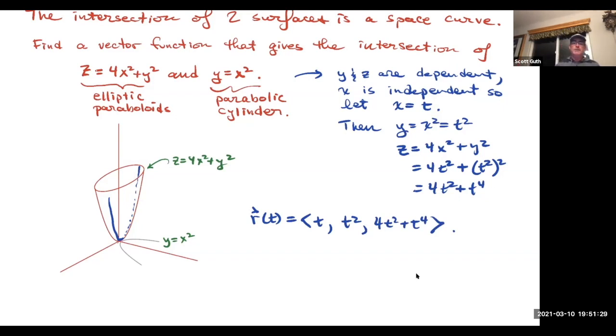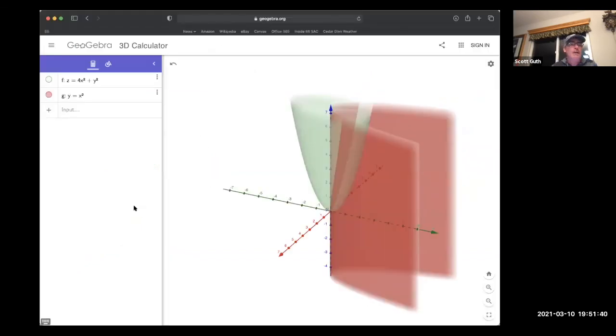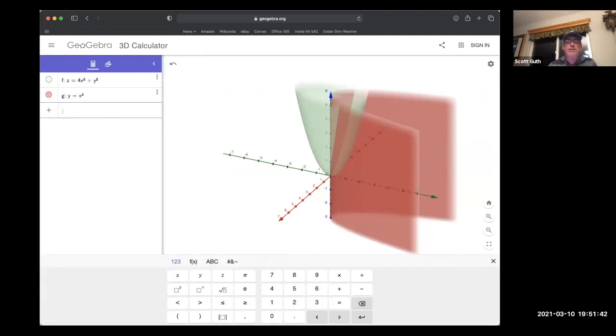Now, if you really want to impress your friends, which I know you do, you can pop open GeoGebra and we can just say curve.